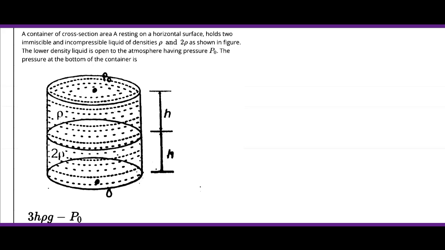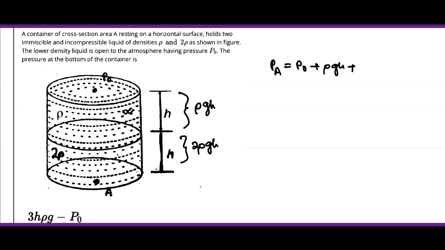So for this height and for this liquid of density rho, the pressure will be rho into G into H, and for this portion, for this height and for this liquid of density 2 rho, the pressure will be 2 rho G H. So the total pressure, let's say this point is not O, let's say this is A. So PA equals P naught plus rho GH plus 2 rho GH, rho GH due to this liquid and 2 rho GH due to this liquid.